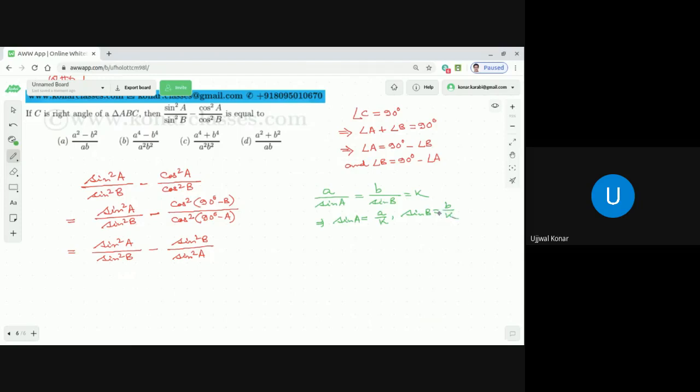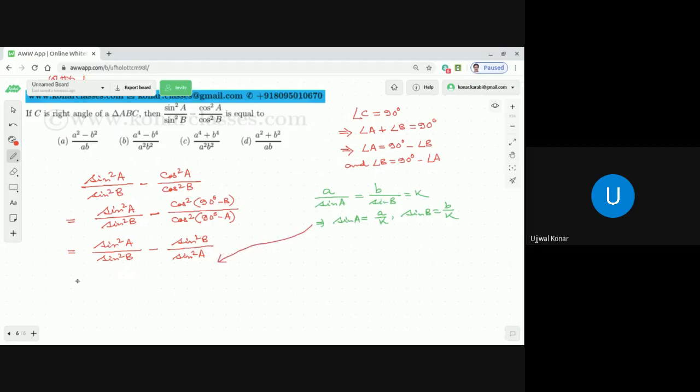Because all the four options given to us are in the form of sides A and B. So we need to convert the trigonometric functions of these angles, sine square A by sine square B, into the form of sides. So this thing we can apply here.